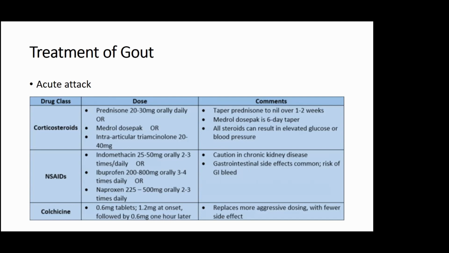Alternatively, you can also do prednisone, starting with 20 to 30 and with a taper course over 1 to 2 weeks. For NSAIDs, we need to make sure this patient doesn't have an upper GI bleeding history or a history of CKD. There is no single NSAID that is favored over the others.